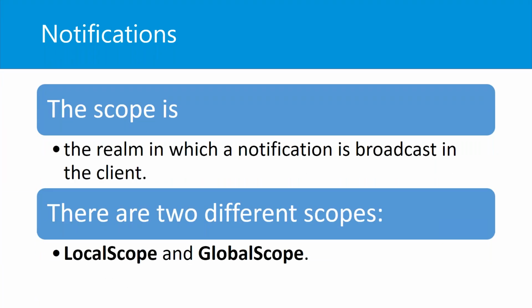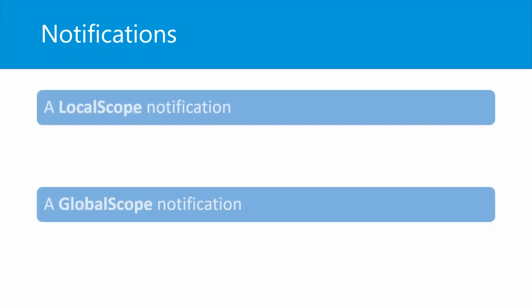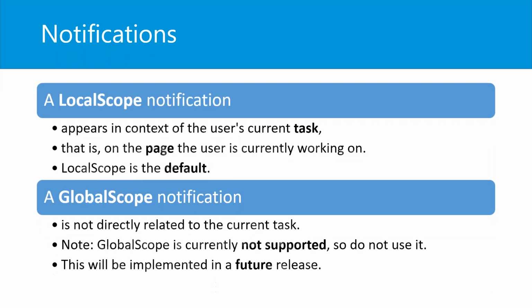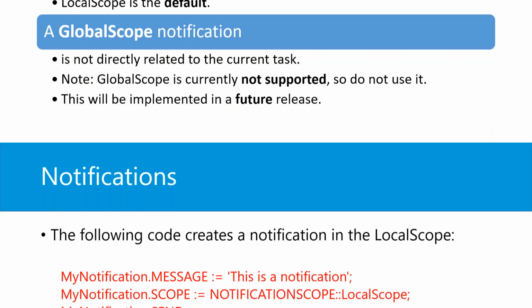We can have two different scopes, local and global. Basically, a local scope will appear in the context of a user's current task, which is the current page, and that's the default one. And global scope, for the moment, forget about it. It's not yet implemented. It might be implemented in a future release. It's as simple as that.